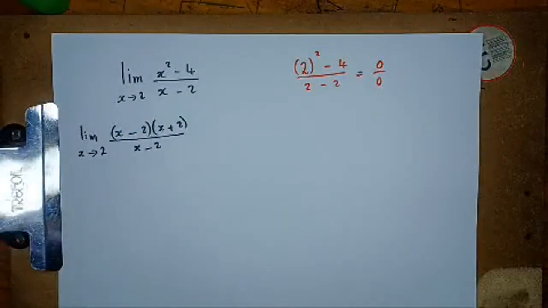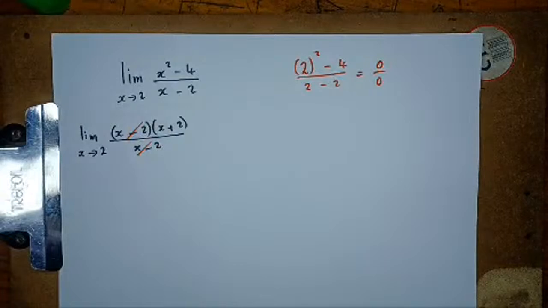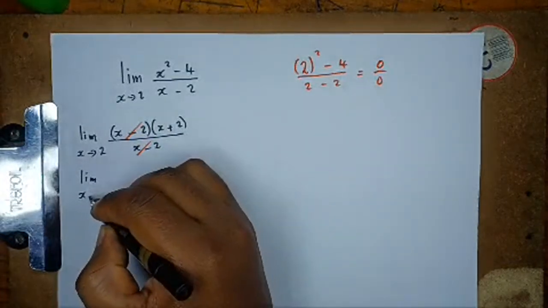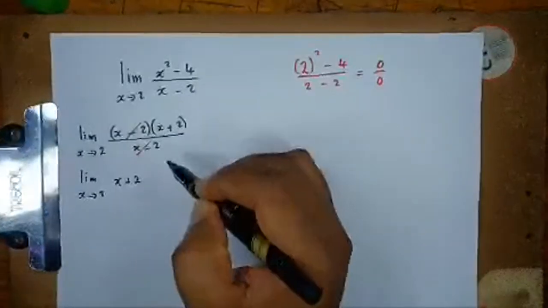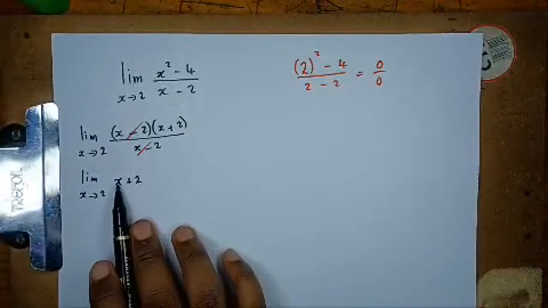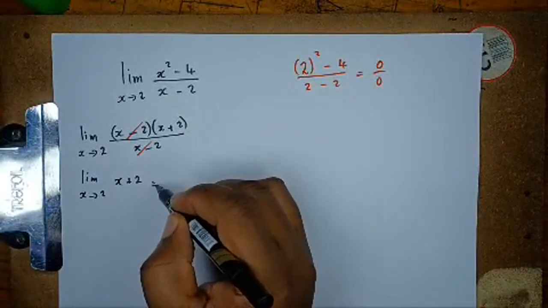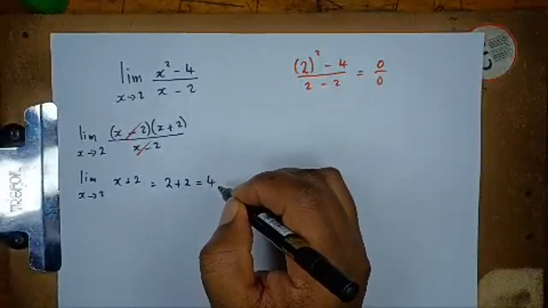Now, we can clearly see that the x minus 2 and the x minus 2 can cancel out, leaving us with the limit as x approaches 2 of x plus 2. Now we can do the substitution by replacing x with 2, so this will just result to 2 plus 2. Hence, the limit is 4.